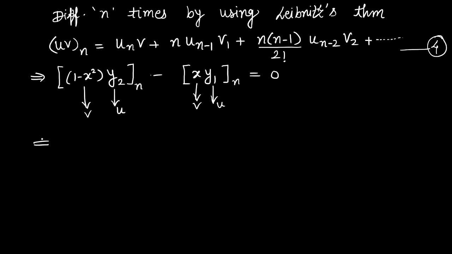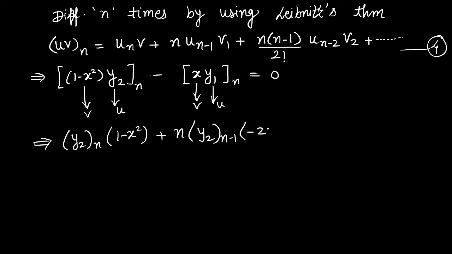Now we apply equation number 4 here. Y2 its nth derivative, v as it is, 1 minus x square, then plus n into y2 its n minus 1 derivative, v1 derivative of 1 minus x square is minus 2x, plus next term n into n minus 1 upon 2 factorial, y2 its n minus 2 derivative into minus 2.